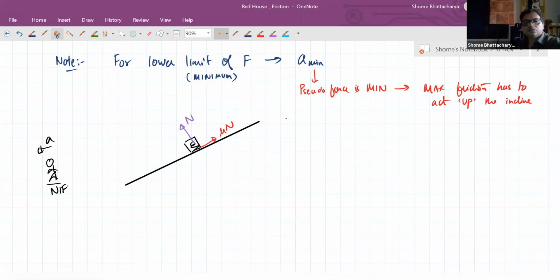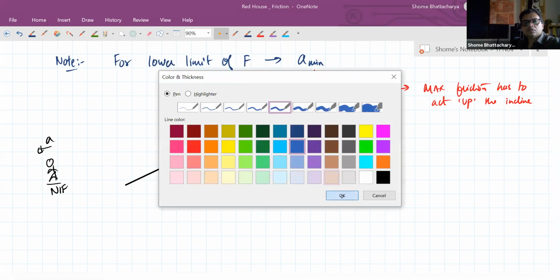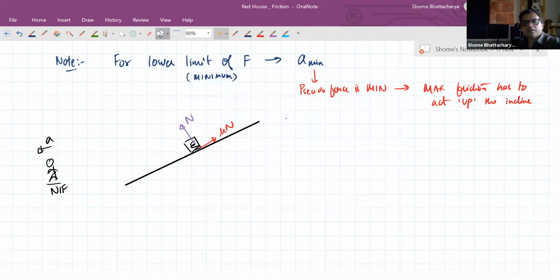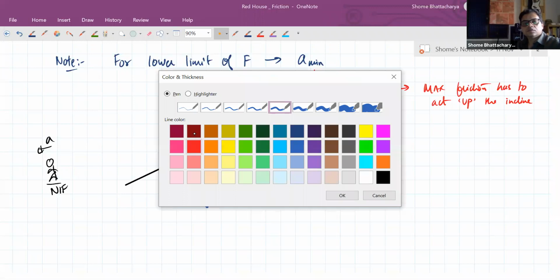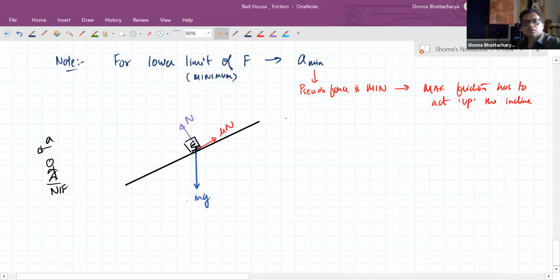And then show the other forces. So mg acting vertically downwards, and pseudo force acting horizontally like this. So we already know that this corresponds to the limiting friction condition.